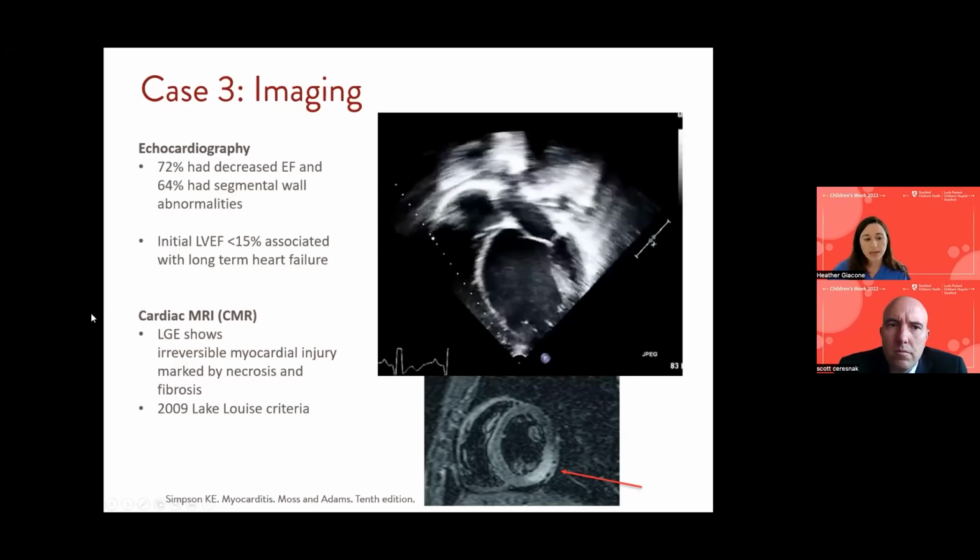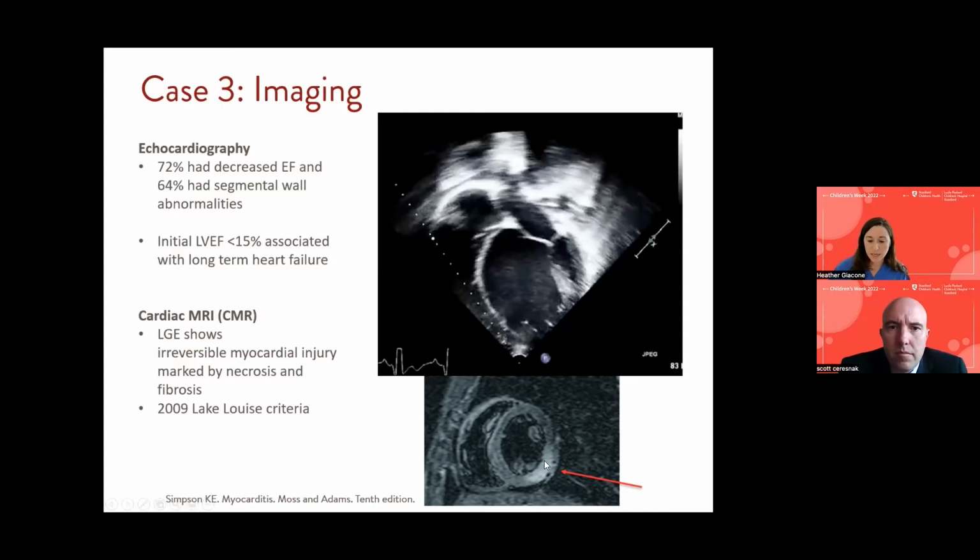After this, we can shift to a cardiac MRI to look more specifically at the direct myocardial injury. Late gadolinium enhancement is one of the protocols that we use to see if there is any sort of irreversible myocardial injury, which can be marked by necrosis and fibrosis.